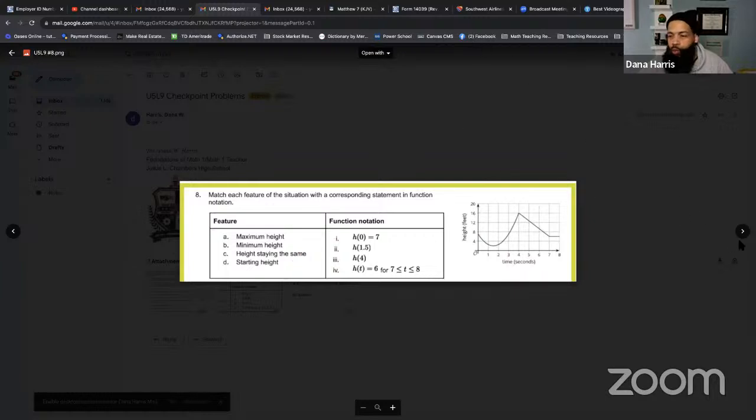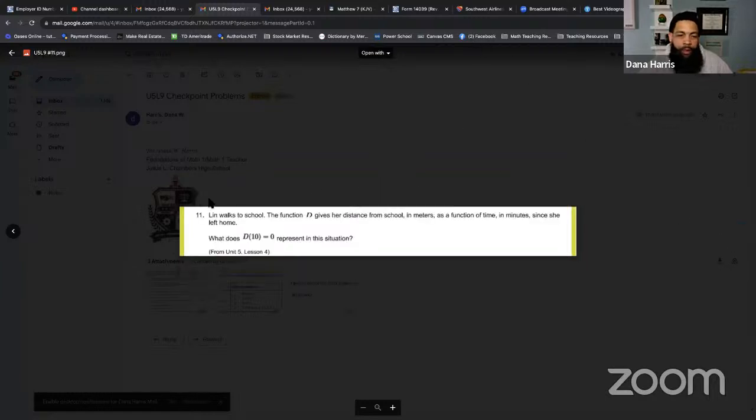Let's go one more. We'll do number 11. Number 11 says Lynn walks to school. The function D gives her distance from school in meters as a function of time in minutes since she left home. What does D of 10 equal 0? Okay.